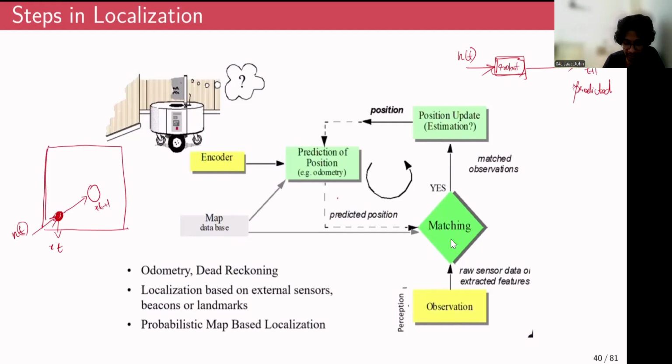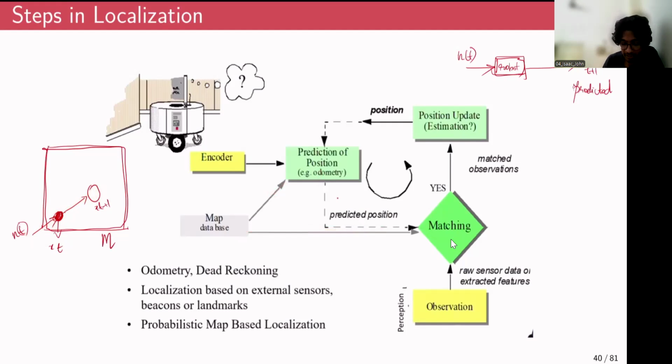So if this entire thing is the map, with the map already given, and if this was the earlier position and a control input was given, this should be where the robot has to be according to the map, based on the encoder readings. So we have a predicted position, and we have correlated that with the map reading.